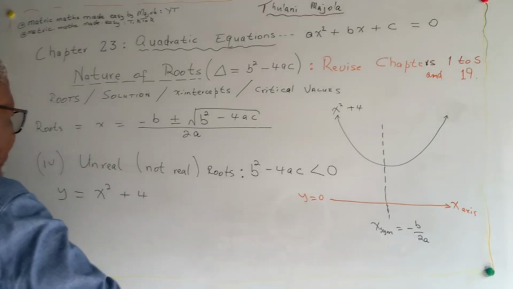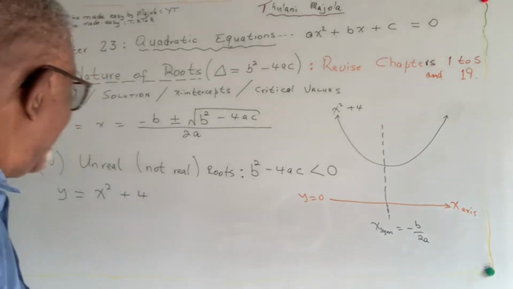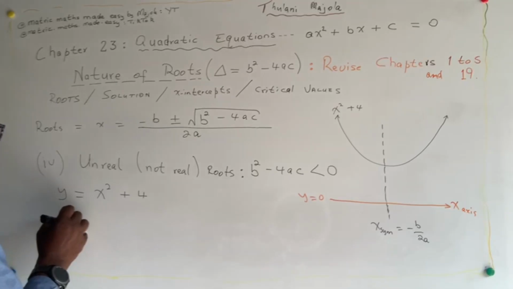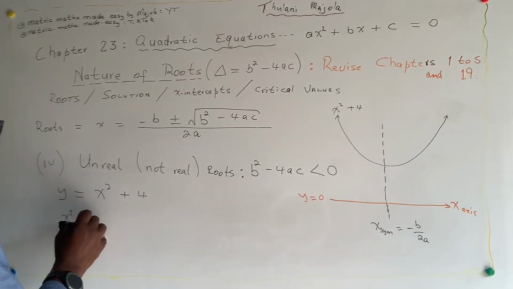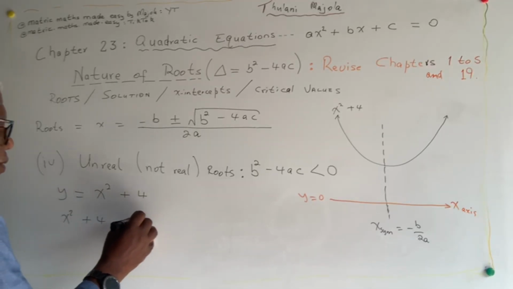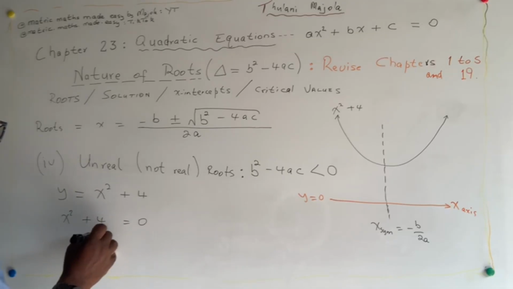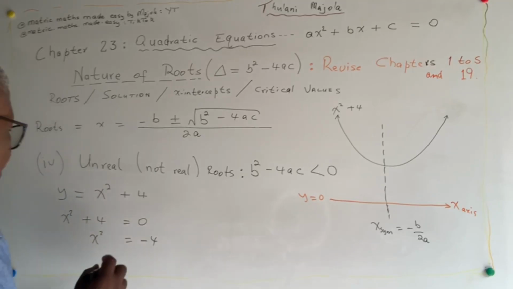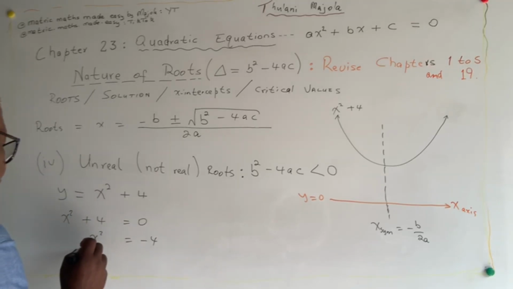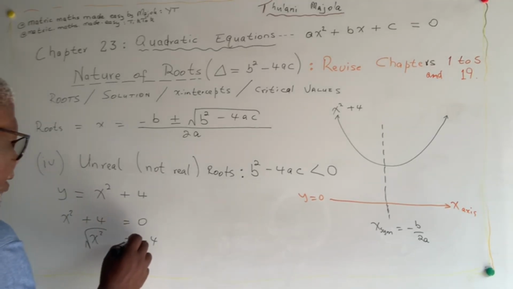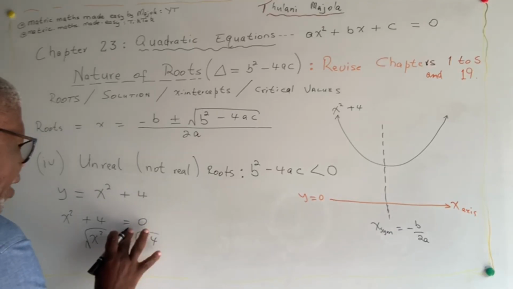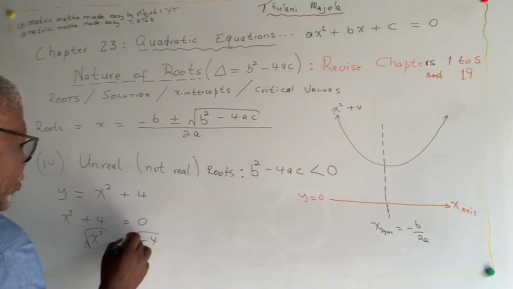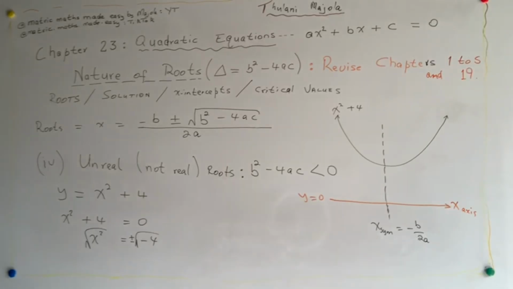If you do it the grade 10 way, we equate this thing to 0. So x squared plus 4 equals 0. Then you take the 4 to the other side, it becomes negative 4, and then you take the square roots. Once you take a square root, you must always put plus or minus in front.